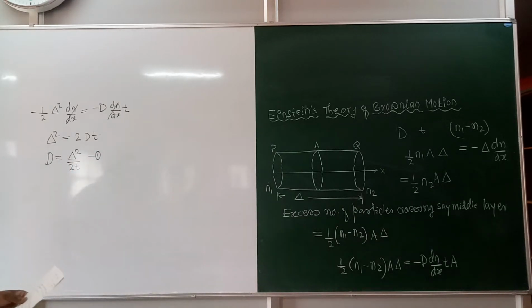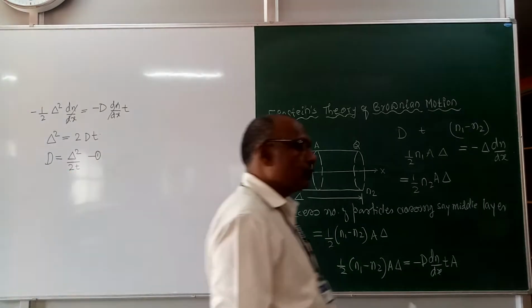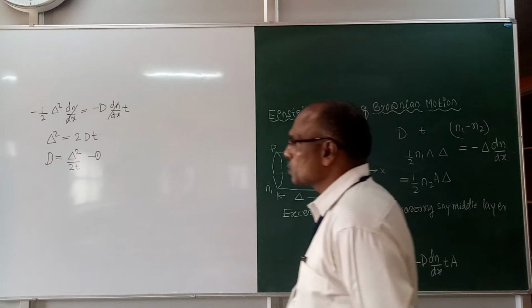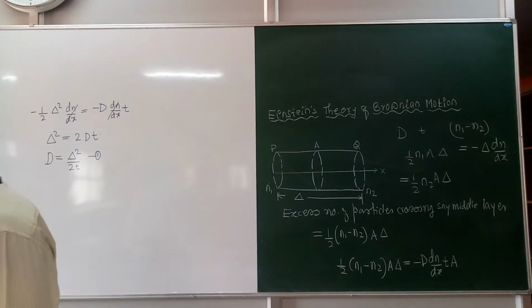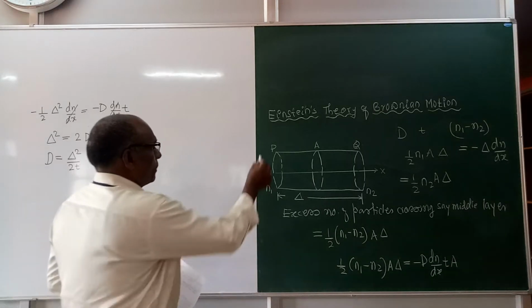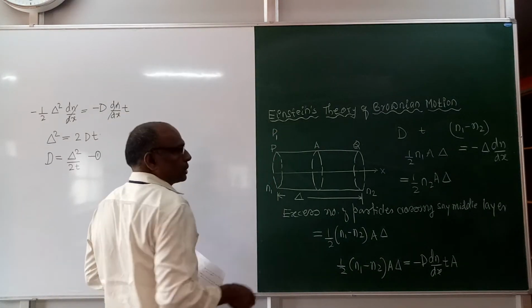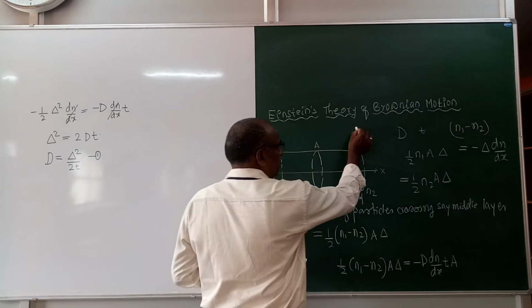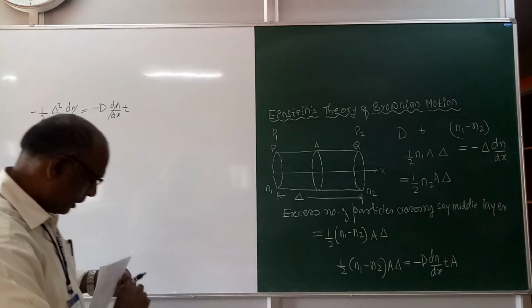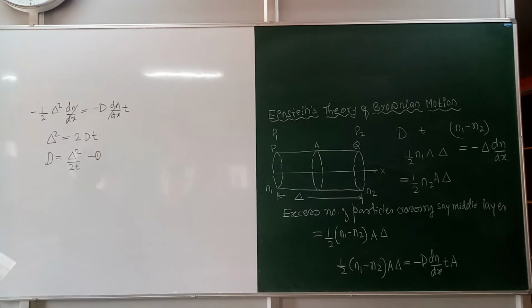And the coefficient of diffusion can be determined on the basis of osmotic pressure. Here P1 is the pressure on one end and P2 is the pressure on the other end of this imaginary cylinder.